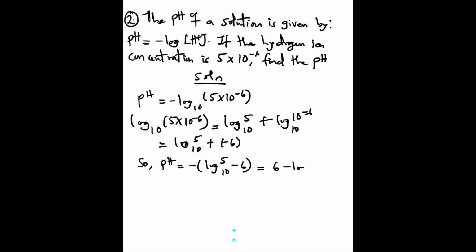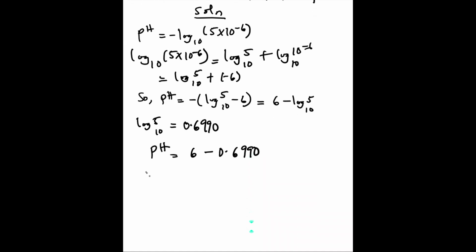If we use this minus to open this bracket up, we have 6 minus log 5 base 10. If we punch log 5 base 10 in the calculator, we should get 0.6990. So the pH will be equal to 6 minus 0.6990, so our answer is going to be 5.301.